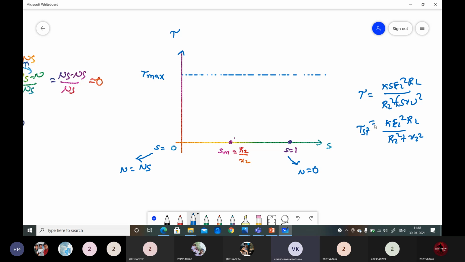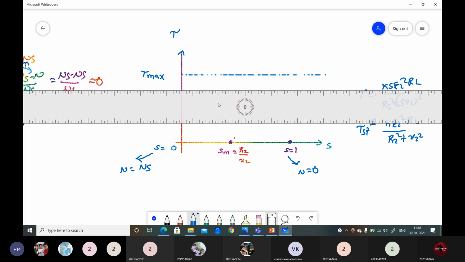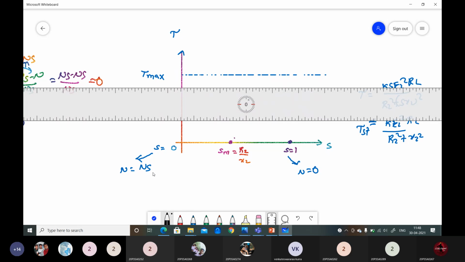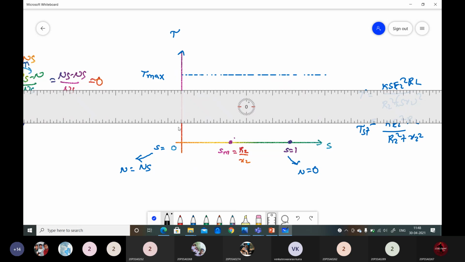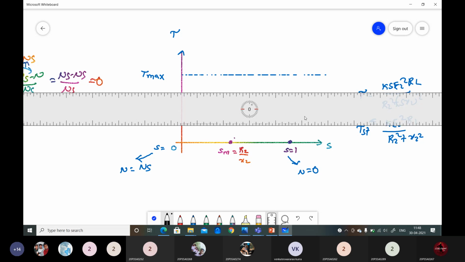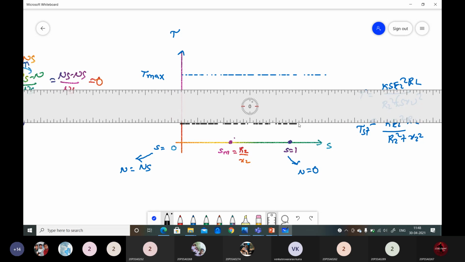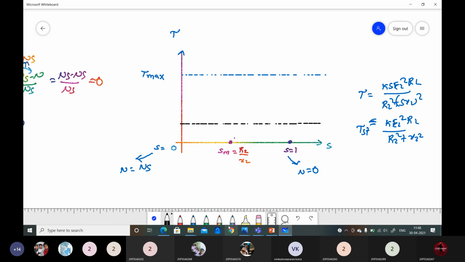This is starting torque, TST, starting torque. This is our TST.